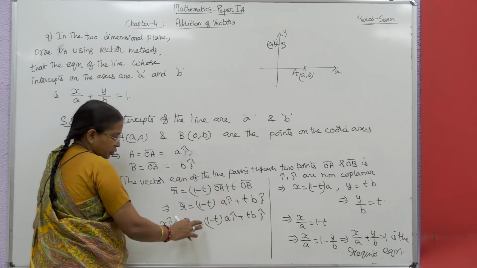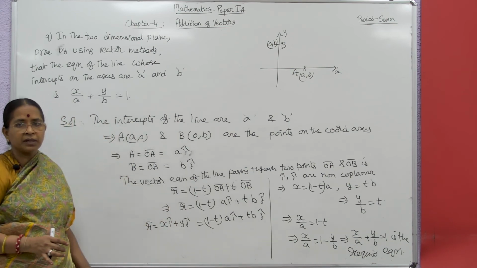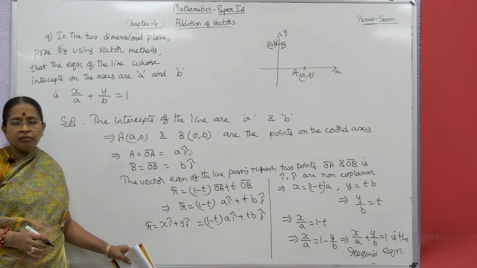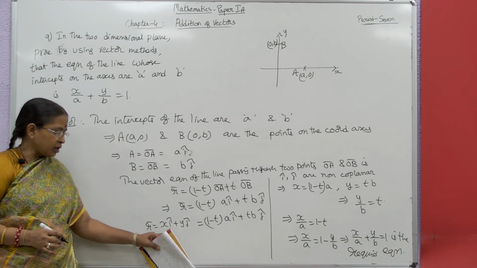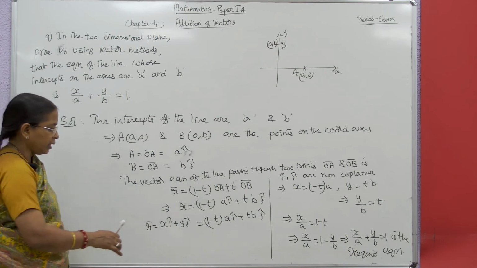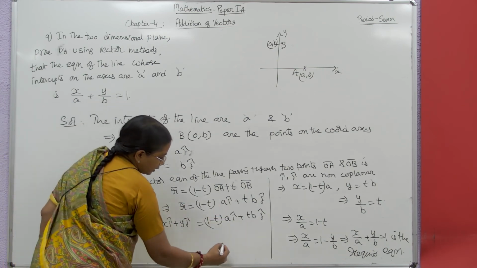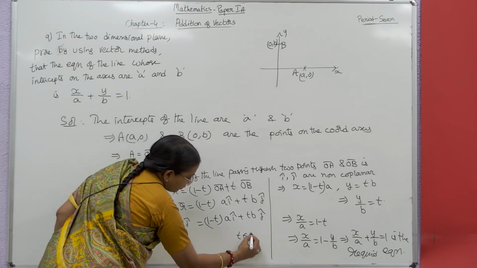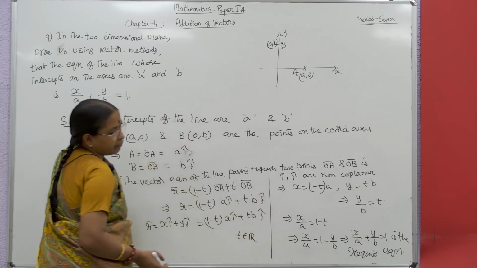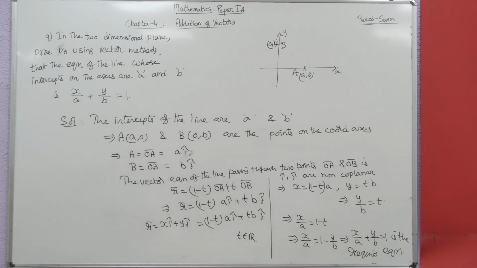Always we take the variable vector as xi plus yj plus zk, but k is not there here because it is two dimensions. So equate and then eliminate this t. T is a real number. So by eliminating t, you will get the equation in terms of the coordinates x and y.